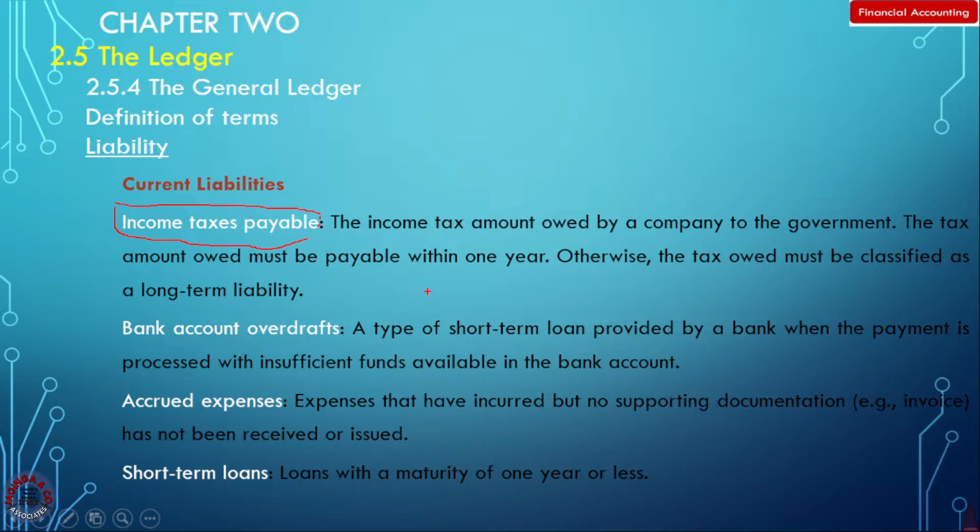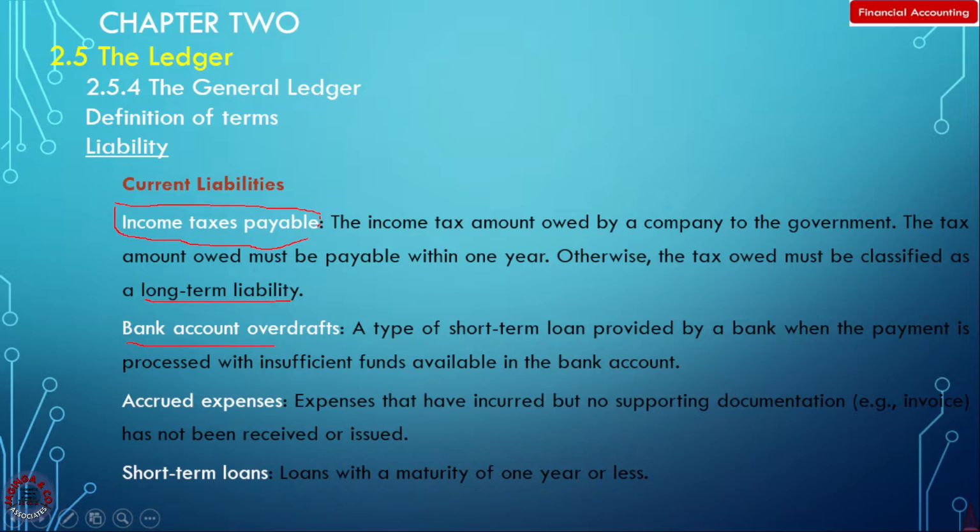So within that next year, it should be a current liability because it is supposed to be paid within that year. So when the income tax is payable in a period which is more than 1 year, it qualifies to be called a long-term liability.